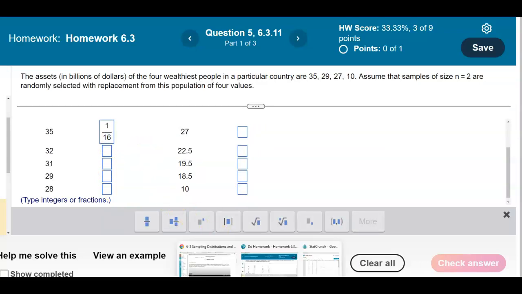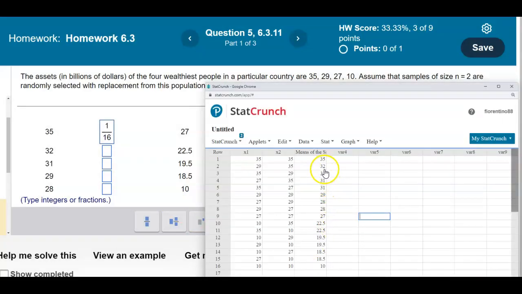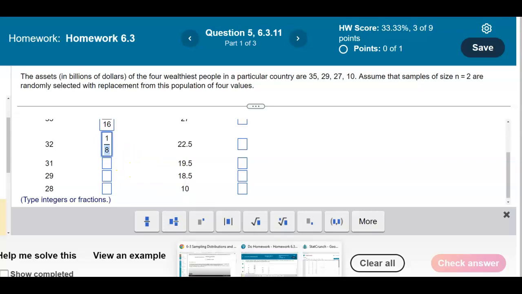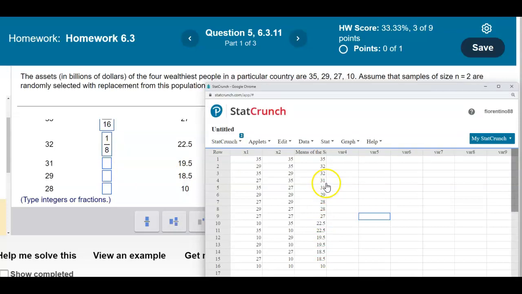Now let's take a look at 32. There are 2 of them, so we put 2 over 16, but we need to simplify this fraction. When we simplify, this is actually 1 over 8. Let's take a look at 31.